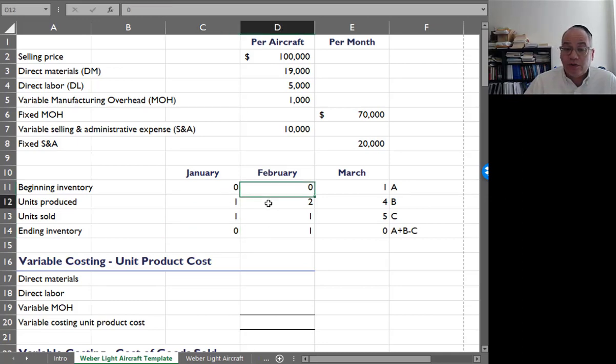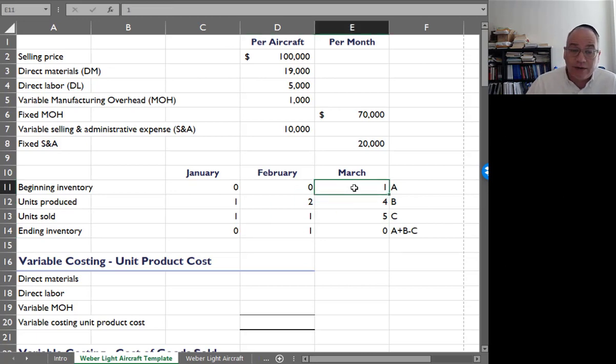I made 2 and I sold 1, and then I had 1 left at the end of February. That's going to be important for later on. The beginning of March, I still had that 1 unit left over from the end of February. I made 4 and I sold 5, so I had nothing left at the end of March. So we'll need this information in a moment to do our calculations.